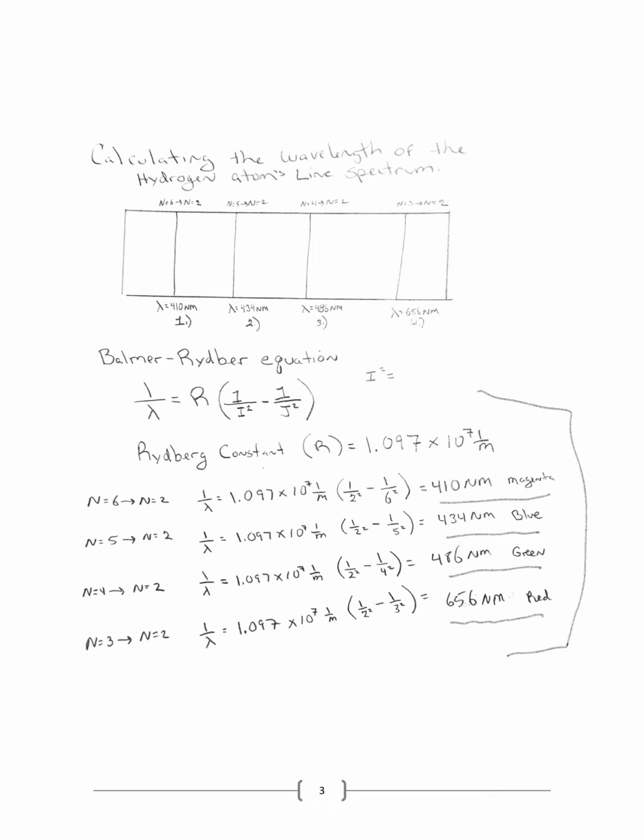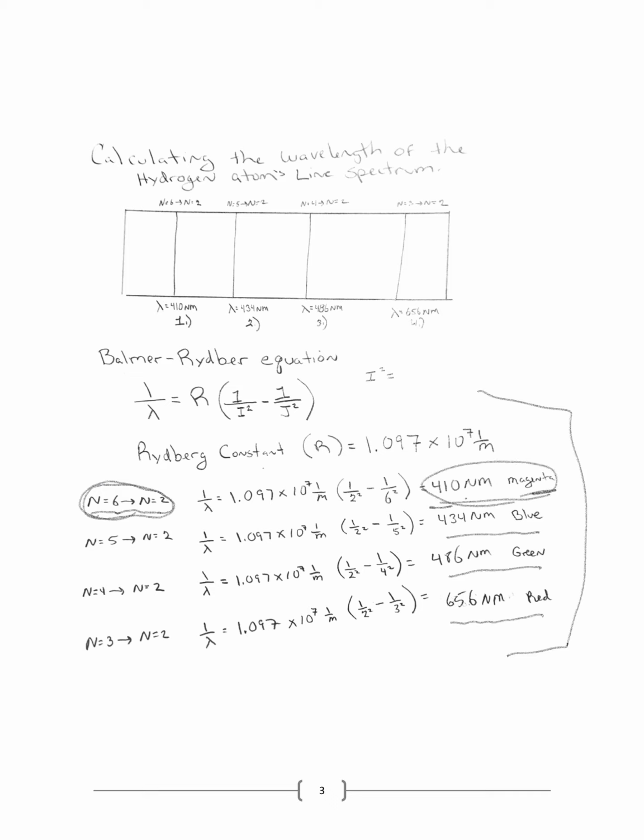The shorter the wavelength, the higher the energy is. So if you look at light going from the N6 to the N2, from the 6th energy level to the 2nd energy level, you're going to produce light with a wavelength of 410 nanometers, which is magenta.